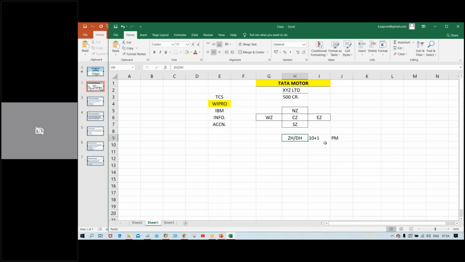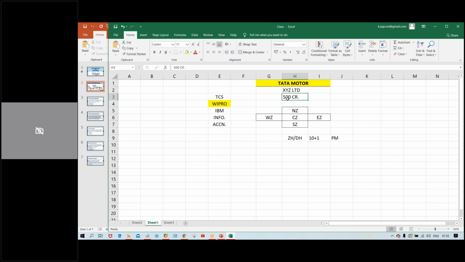So the zonal head has appointed a project manager. And then what will happen, guys? Once the project manager is appointed, the project manager is going to visit the client location.